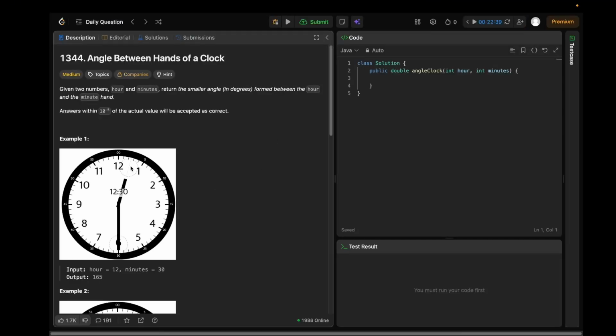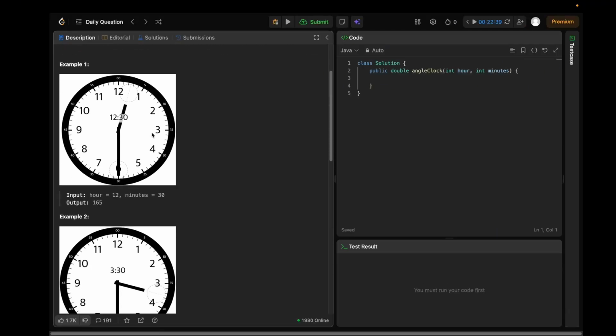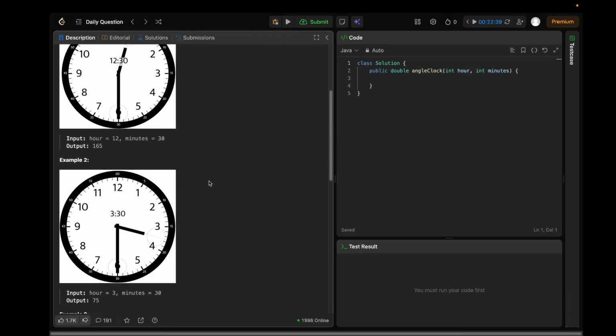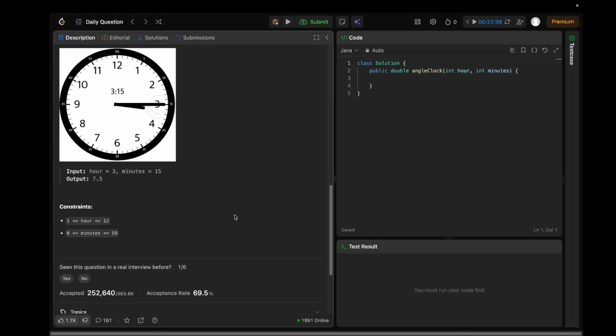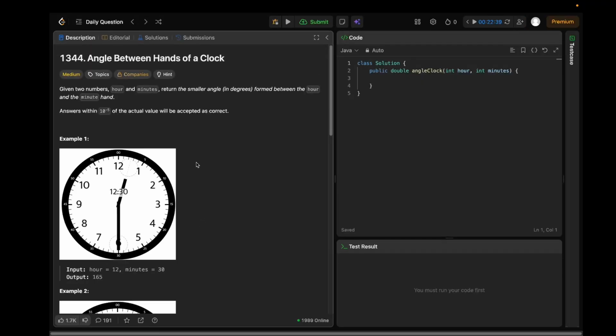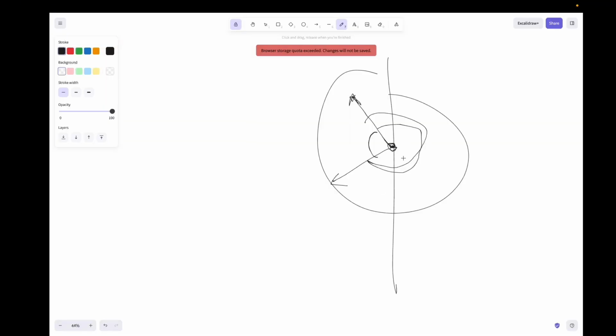So what axis do we take? Answers within 10 to the power of the value will be accepted as correct. Examples: 12:30, 3:15.